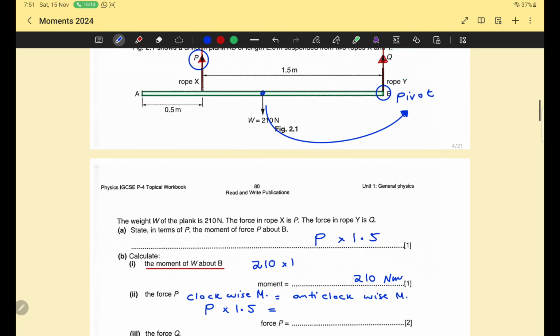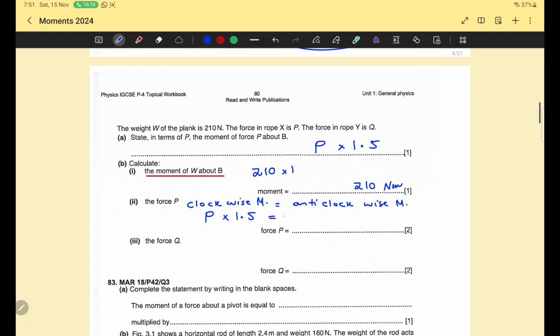And what about anti-clockwise? Sir, anti-clockwise is 210. If we are calculating P, P will be 210 divided by 1.5. This 1.5 will be divided. But Rafe, what is the answer? 210 divided by 1.5?